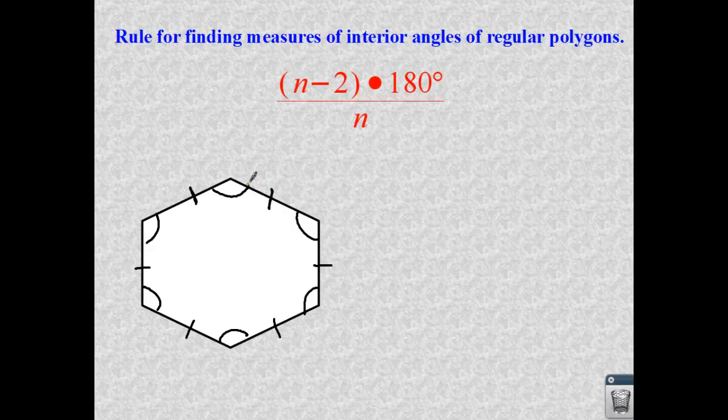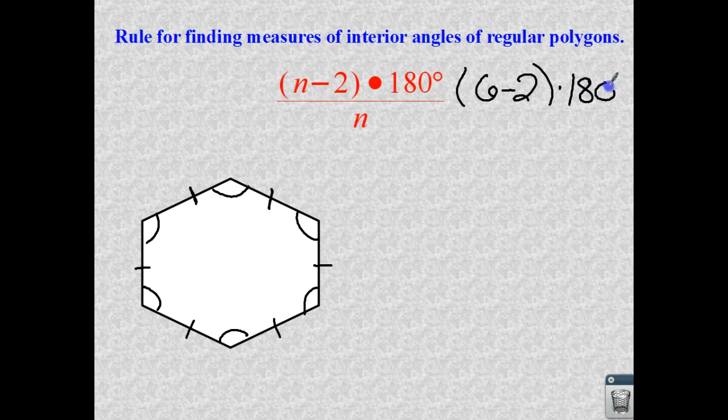So if it's regular, we're going to use our new formula. So you're going to take the number of sides. So our numerator is like our last formula. So we're going to take the number of sides, which in this picture, it's 1, 2, 3, 4, 5, 6. 6, take away 2, multiply by 180, and then you're going to divide by the number of sides again.